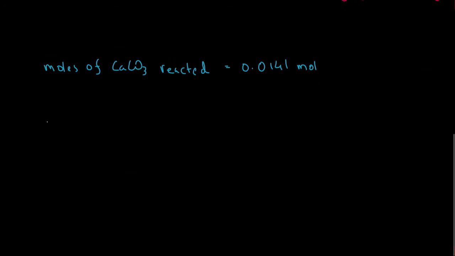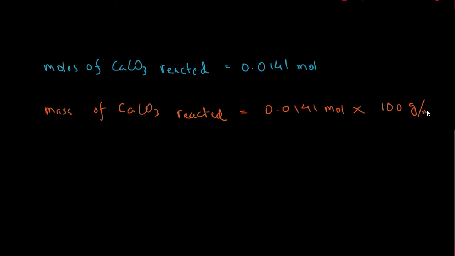So now we're going to figure out the mass of that CaCO3. So the mass of CaCO3 that reacted is going to be the number of moles times the molar mass of CaCO3, which is 100 grams per mole. So this is basically the rearrangement of the formula that we know, that moles is equal to mass divided by molar mass.